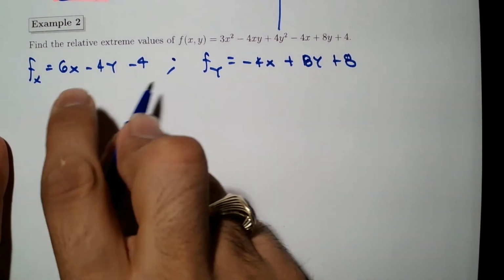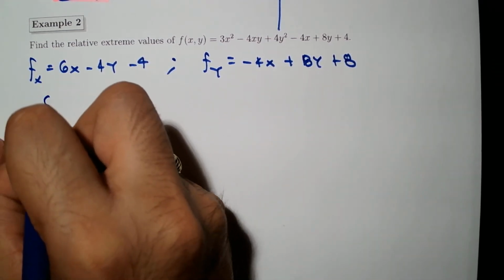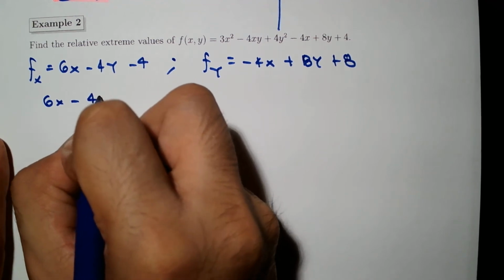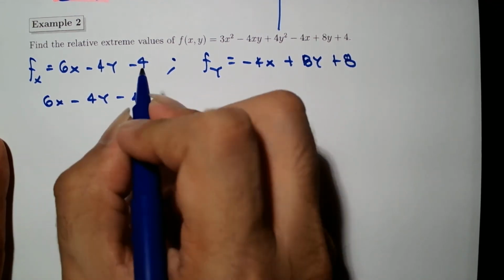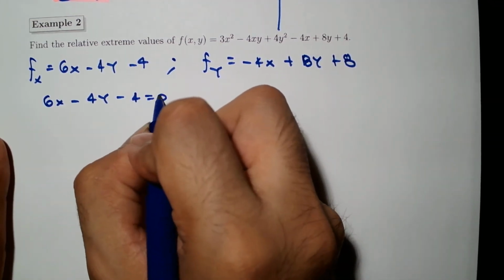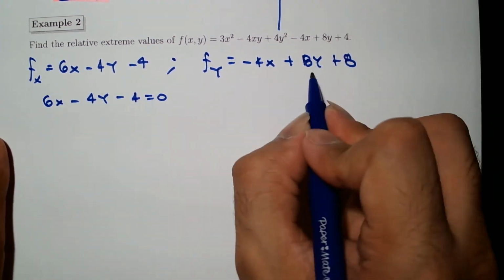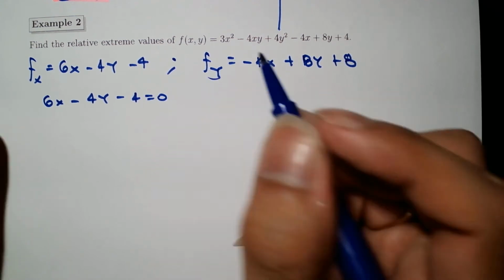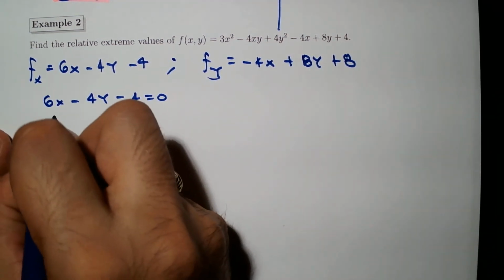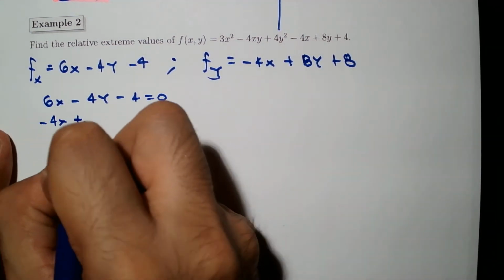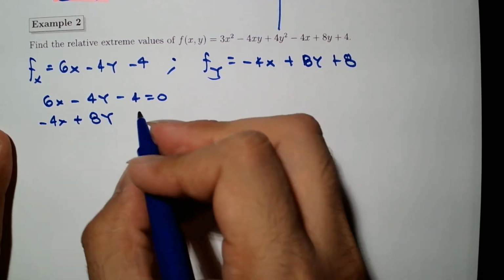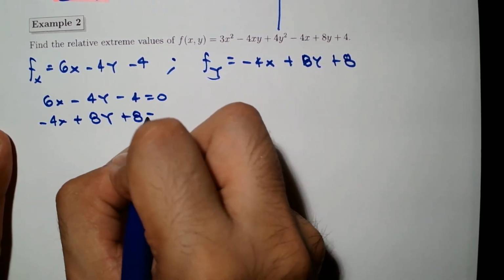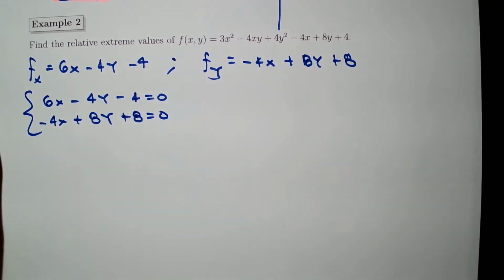Now I'm going to create a system with 6x minus 4y minus 4 and set it equal to 0, simultaneously with the first partial derivative with respect to y, which is negative 4x plus 8y plus 8, equal to 0.